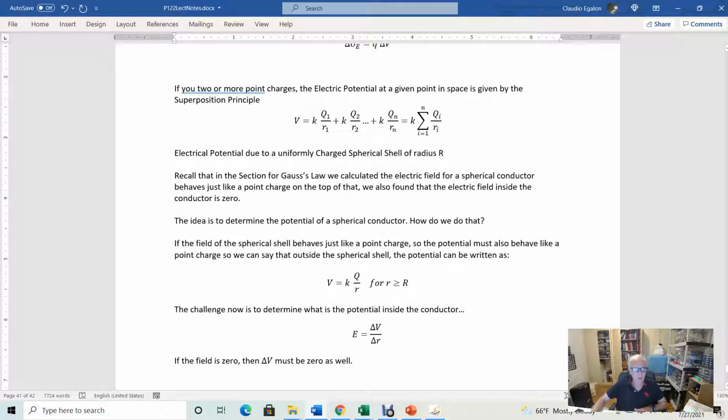If the field is 0 inside the conductor, then delta V must be 0 as well. That's one way of doing that.